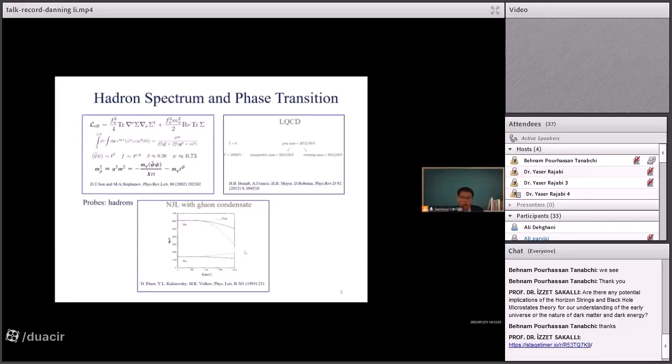So perhaps most of the studies in Angels neglect the effect of the gluon dynamics.